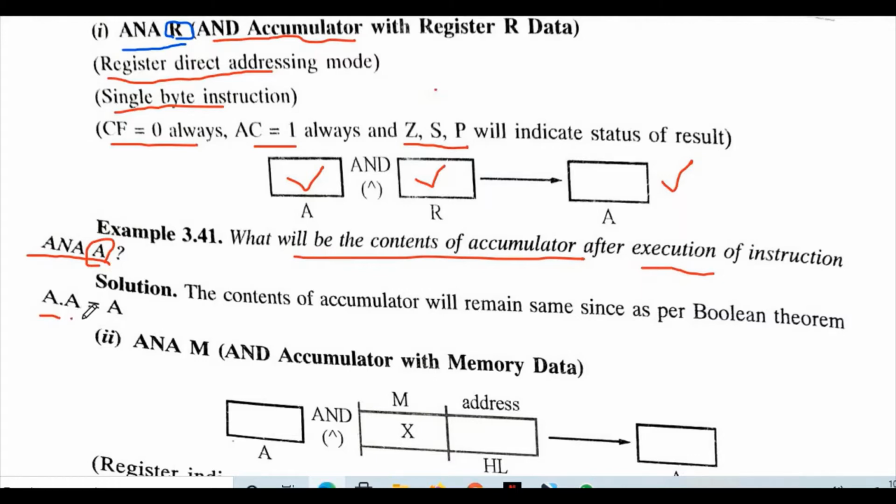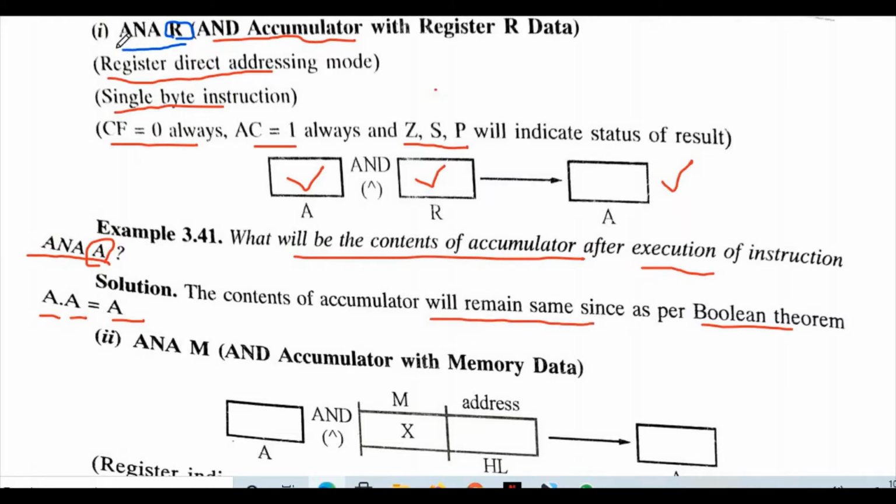As per Boolean theorem, we know that A dot A is A. So after the execution of this instruction, the contents of the accumulator will remain as they are. They will not change. So this is how we can use this instruction ANA R.